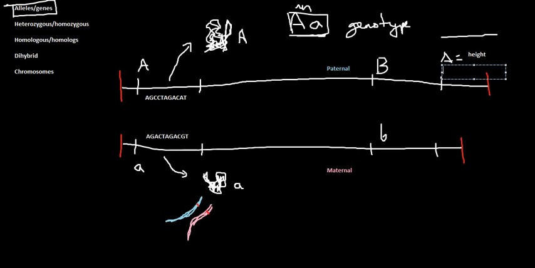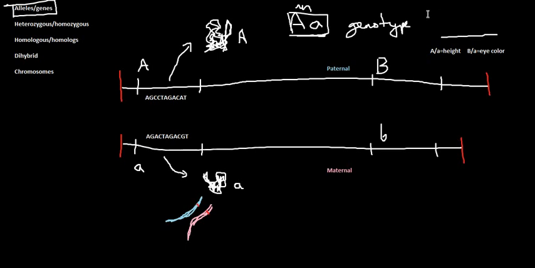I'm out of space. Let me make some space here. A equals height, and then your B gene equals, and I want to hyphenate this just so we don't confuse, eye color in humans.